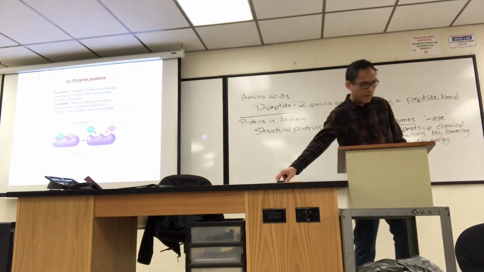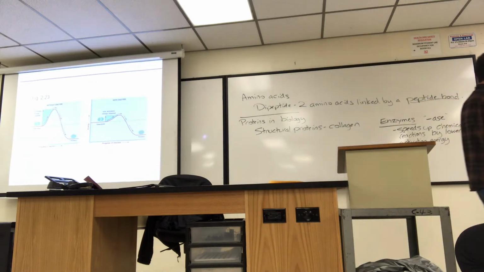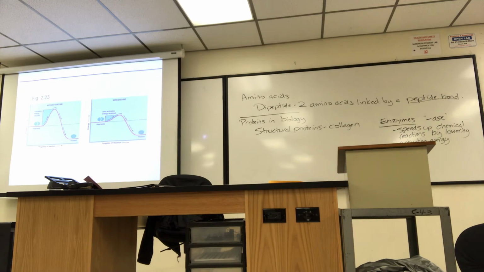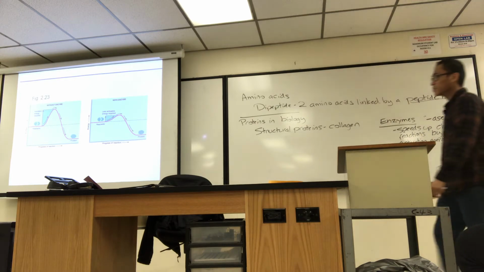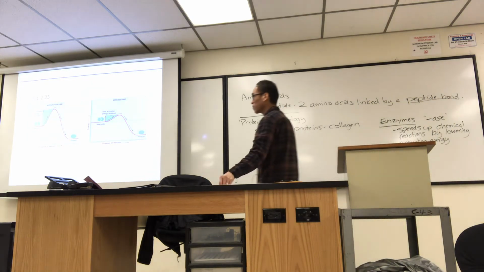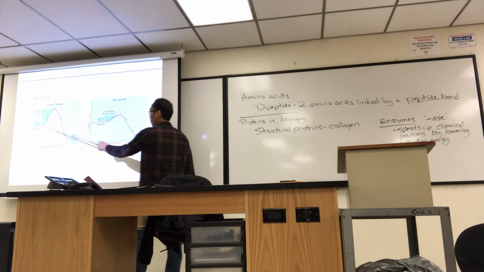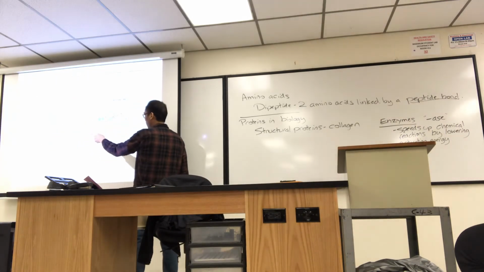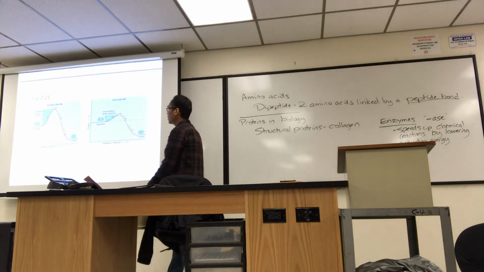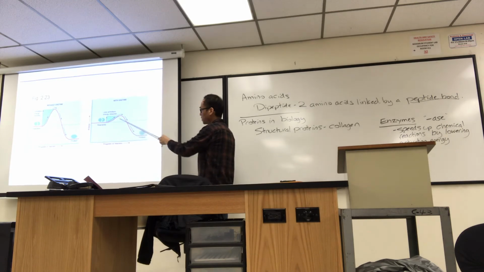I think there's a slide showing you a graph of activation energy being lowered, so that you can see without the enzyme, it takes more energy required to get the substrates to form the product. It's a bigger hill for the reactants to get over, so that would be a slower chemical reaction. If you can lower the activation energy, then it will be much faster.